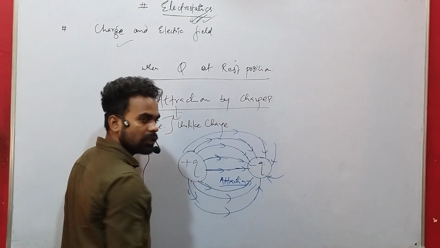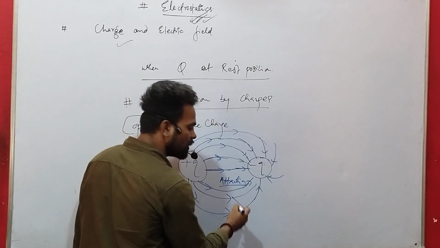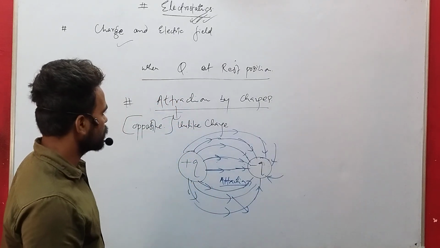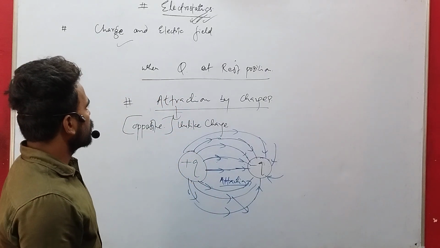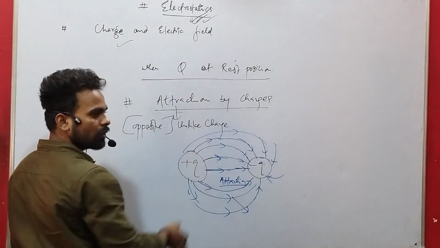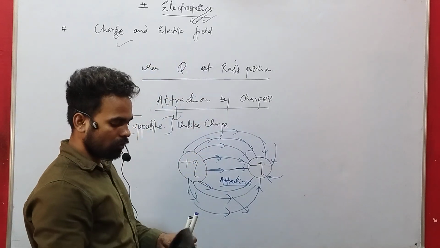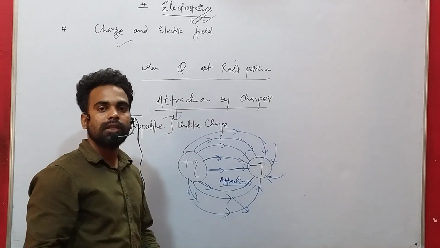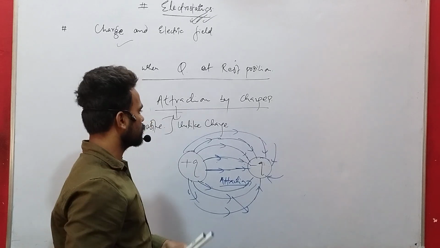This type of incident creates an electric field by charges. We can see charge and electric field here. Now we study Coulomb's law.